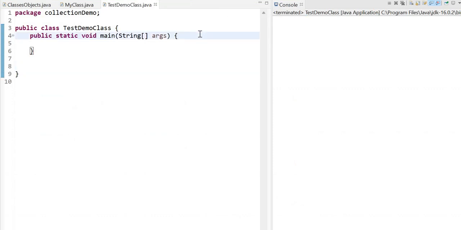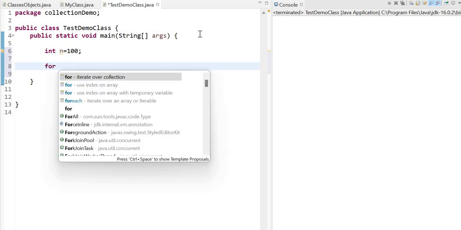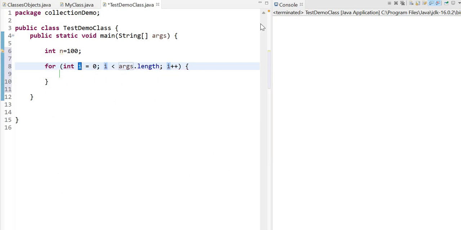So what am I supposed to do? I will take a variable, say n is equal to 100. I will take a loop, obviously, and iterate it up to i less than or equal to n, right?